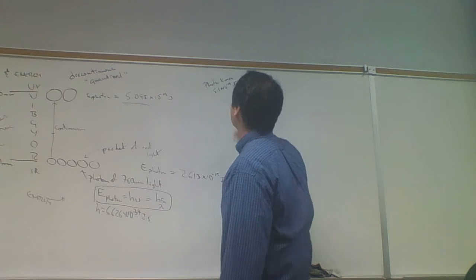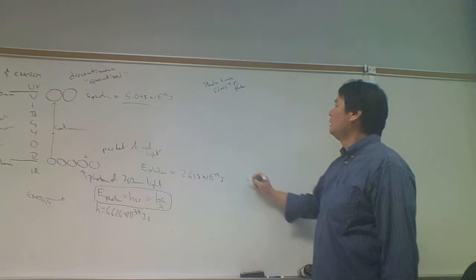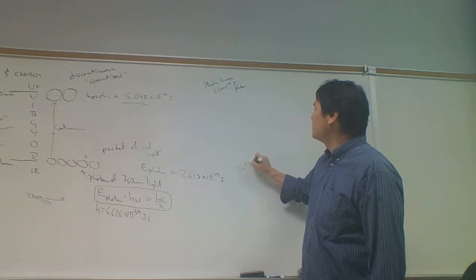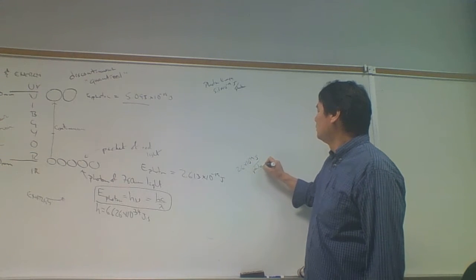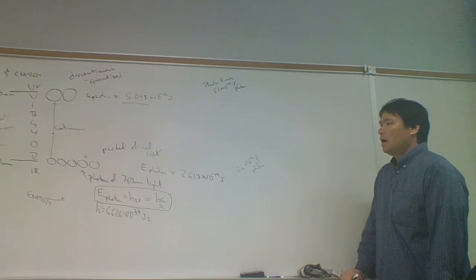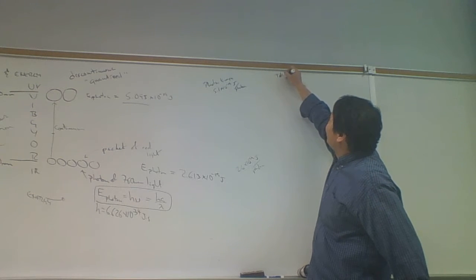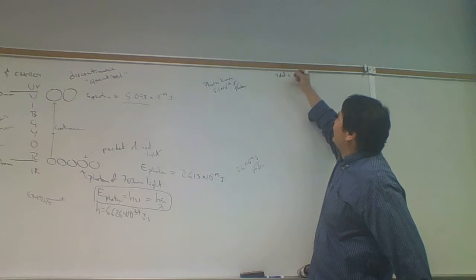So a single photon has that. And down here, red, the photon energy is like 2.6 times 10 to the minus 19 joules per photon. Photon energy. And then I have the total energy. The total energy is going to be n times the photon energy.